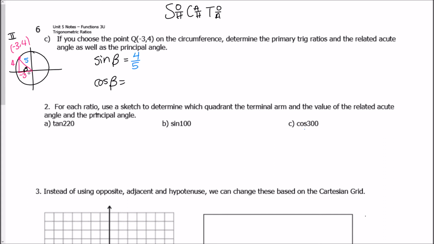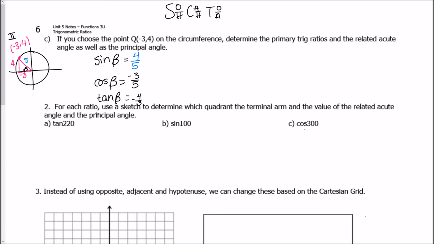So the adjacent here is -3, and the hypotenuse is 5, so it'd be -3 over 5. Then our tangent of beta is the opposite over the adjacent, 4 over -3, so it's going to be -4/3. So here the sine is positive, the cosine is negative, and the tangent is negative as well.